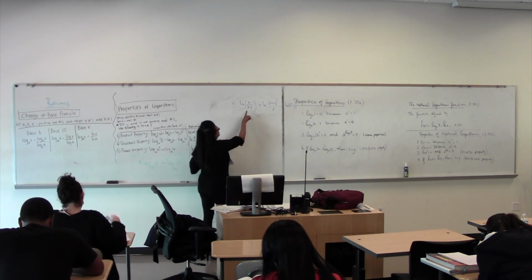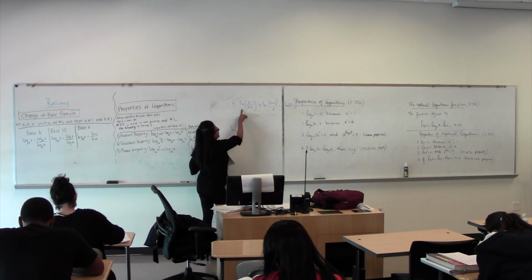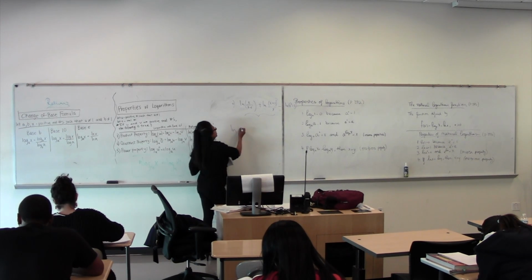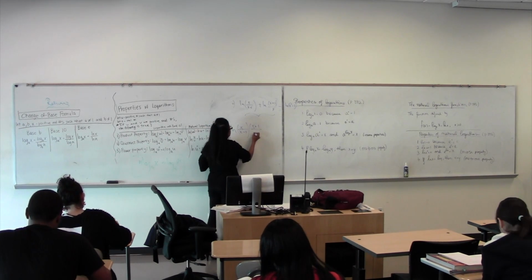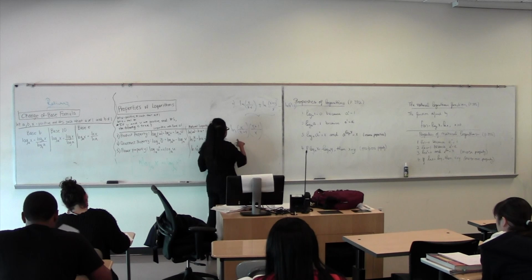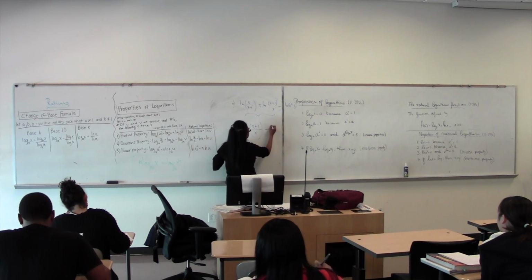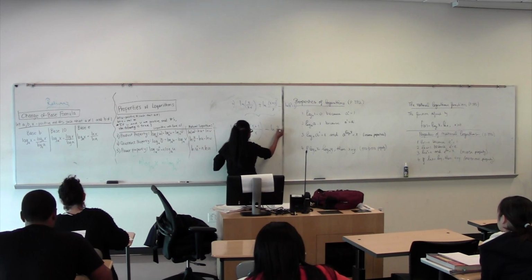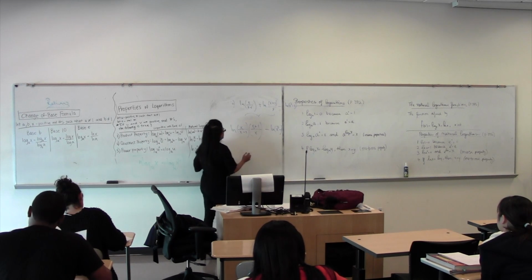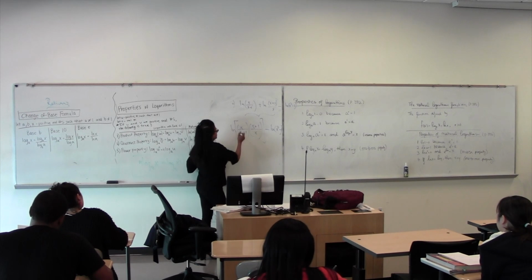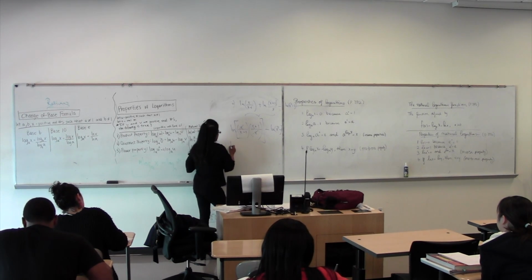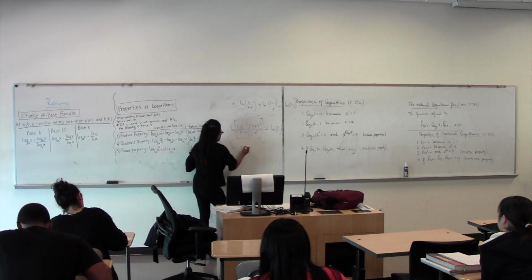If you have addition, you are going to write 1 ln of x over x minus 1 times x plus 1 over x, minus ln x squared minus 1. If you can simplify this, simplify first. So this cancels with this, and this becomes ln x plus 1 over x minus 1.